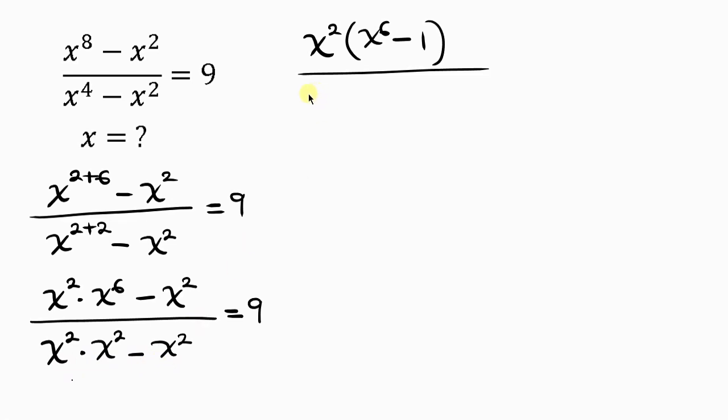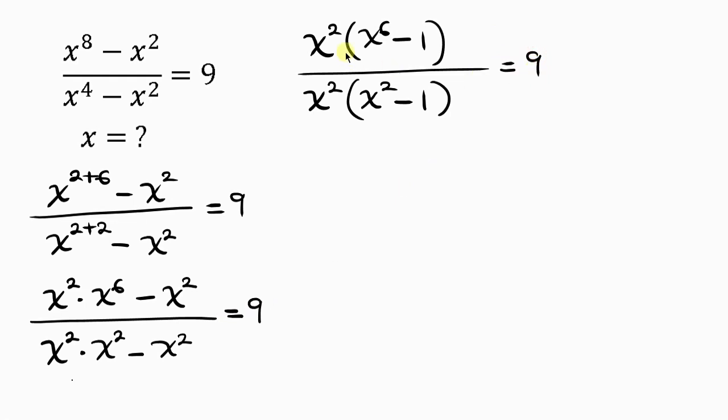So we factor out x squared. Now let's divide. x squared times x squared divided by x squared, I'm going to be having x squared, minus. Now x squared divided by x squared is 1. And this is equal to 9.